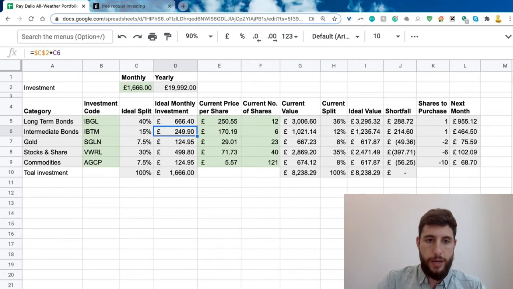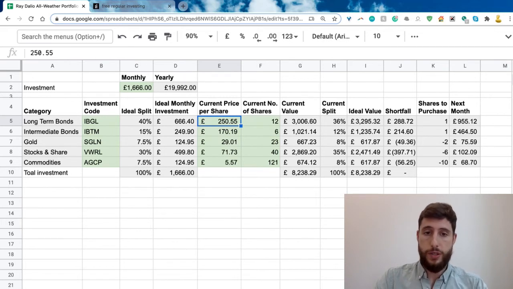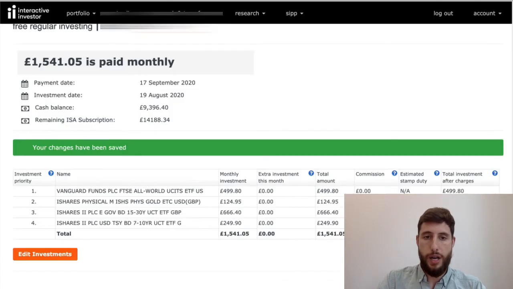So for example, here, long-term bonds, price per share on this particular example is £250. But if you've worked it out so that you want to be investing, say, £100, well, you don't want to be putting in £250 every month, right? Every now and again, maybe every 3 months, for example, you might want to buy 1 share so that overall you're still getting to the right ratio, okay?